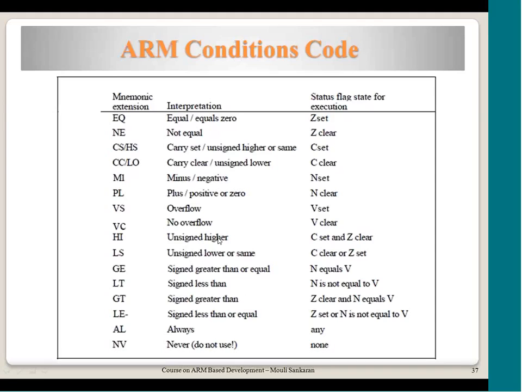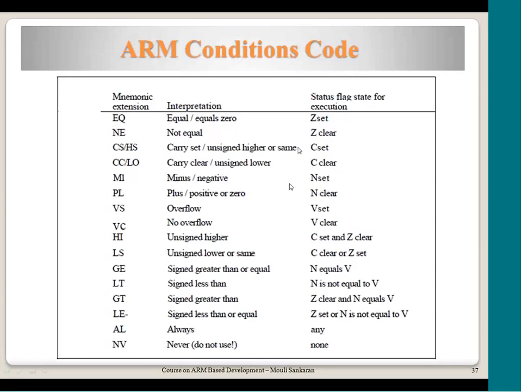Unsigned higher or same. This is the condition that needs to be checked. That means carry has to be set if it is true, the value that you are comparing. If two values which are being compared are unsigned, then this is done.